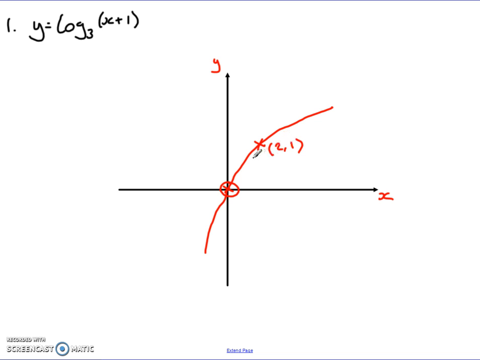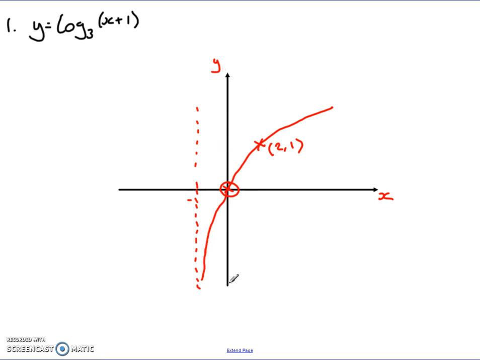Now, one other thing you can mark on here, we know it's never going to cross the y-axis originally. This is going to shift down 1 as well. So you can imagine going to negative 1 and drawing a line going all the way down there. What this means is that I can continue the graph all the way down to negative infinity in the y direction, and it will never cross this line in x.